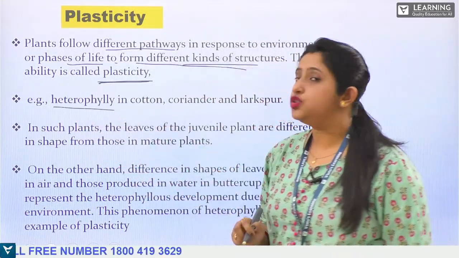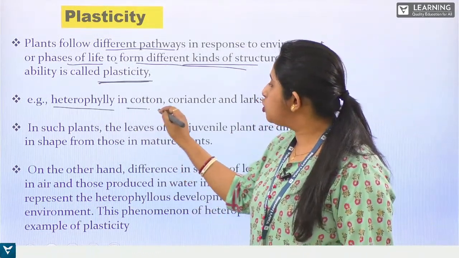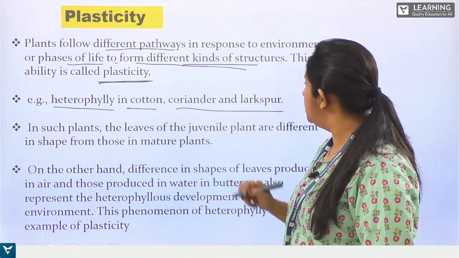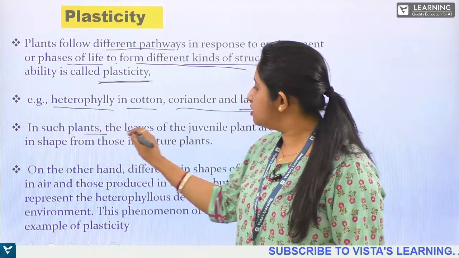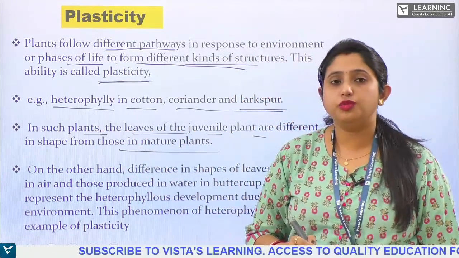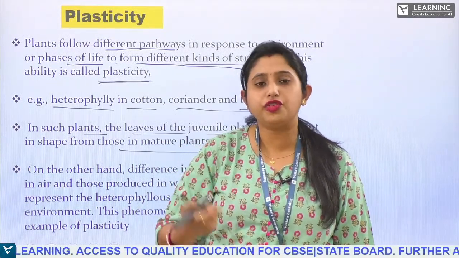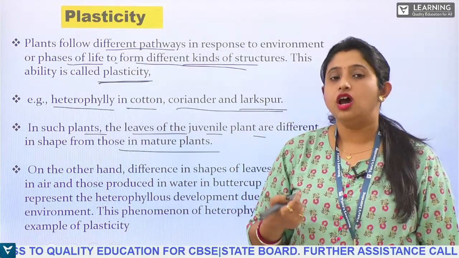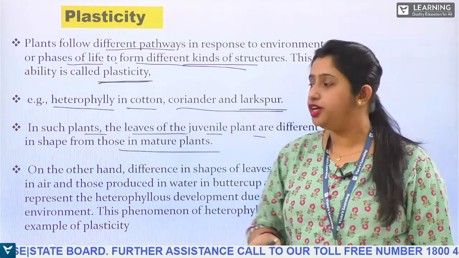Example: heterophylly. Let us understand one example, heterophylly in cotton, coriander and larkspur. In such plants, the leaves of the juvenile plant are different from those of the mature plant. The shape of the leaves of the juvenile plant will be different from the mature plant.